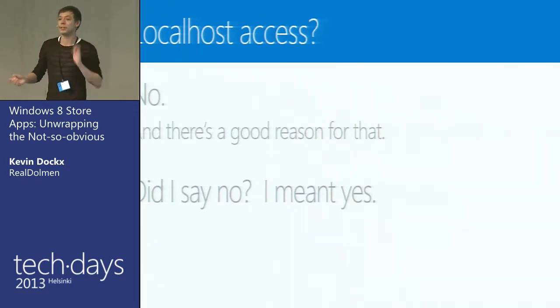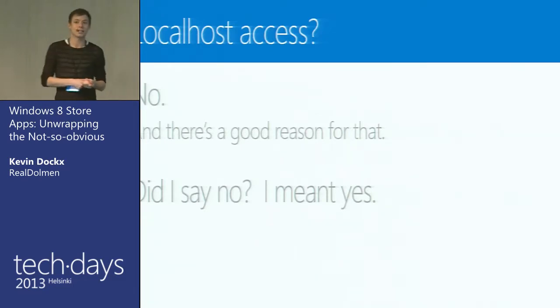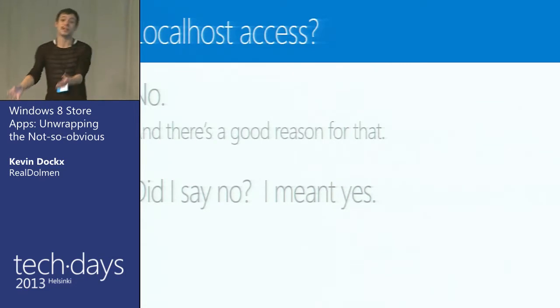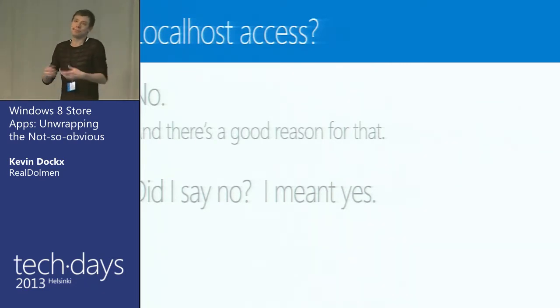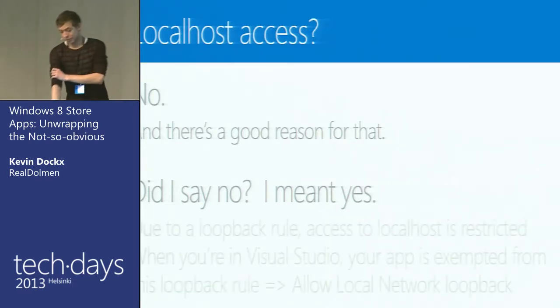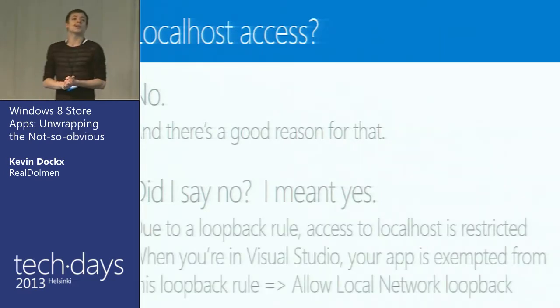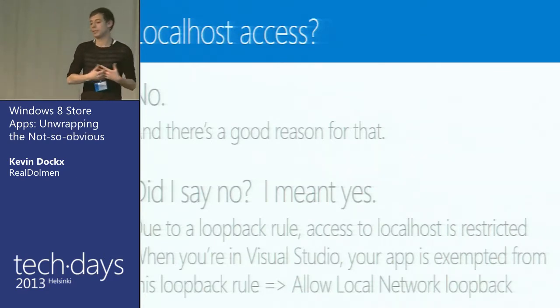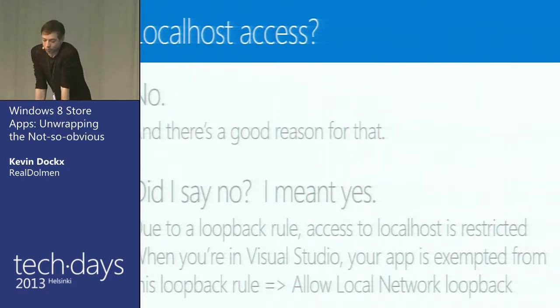Because while you're developing, you will probably want local host access. That's very annoying if you can't have that. The demos I'm doing are running with a service backend on my local host. By default, all your Windows Store applications actually have access to the local host while you're developing them, because when you're in Visual Studio, the loopback rules that normally apply for your apps do not apply anymore by default.